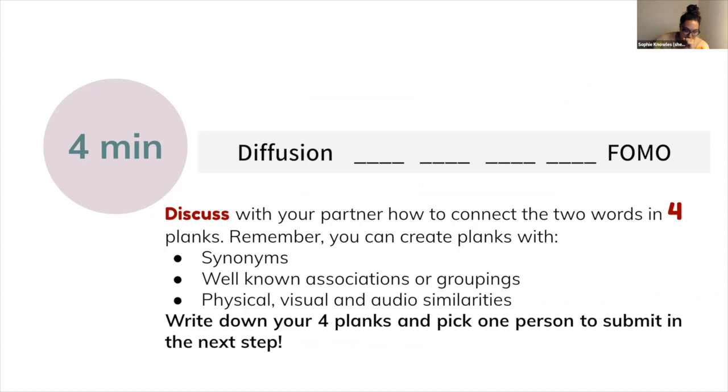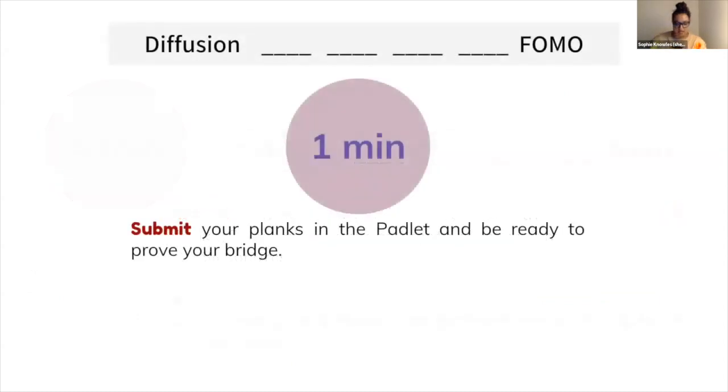All right. So you're going to go to your breakout rooms in just a second, and you're going to try and come up with a bridge from diffusion to FOMO with 4 planks. You now get to type into the Padlet. You can pick one of you, you can talk to each other.